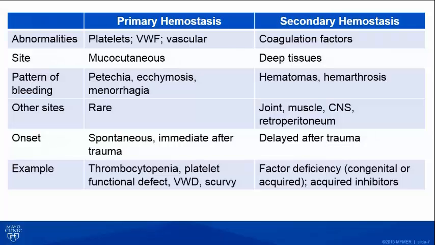Whereas for secondary hemostasis, the bleeding is usually delayed after trauma because they can still form the primary platelet plug, although it's not stable. Examples for primary hemostasis: decreased number of platelets, dysfunctional platelets, Willebrand disease, vasculature disorders. For secondary hemostasis: factor deficiencies, inhibitors.